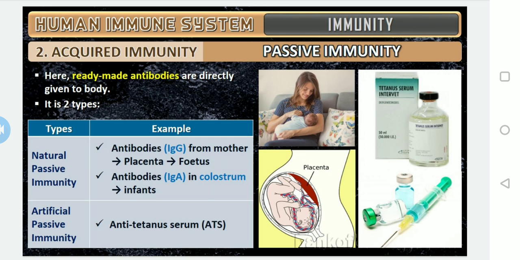Remember, one important question they will ask: what is inoculation? These are preformed antibodies or antitoxin injections for specific antigens. The best example is injection of antivenom for snake bites to counter the snake venom. Otherwise they will not survive, they will die. This is how we can see the differences and functions, the principle behind active and passive immunity.